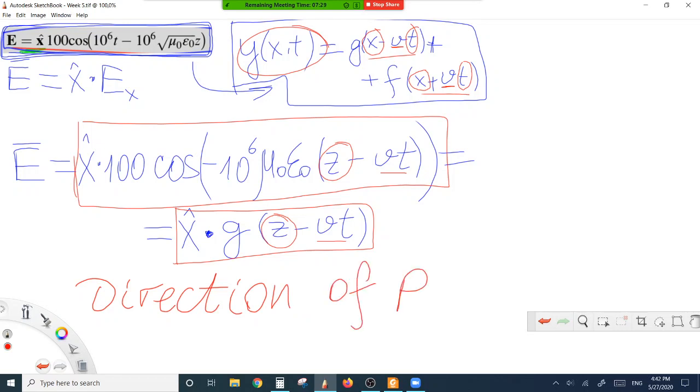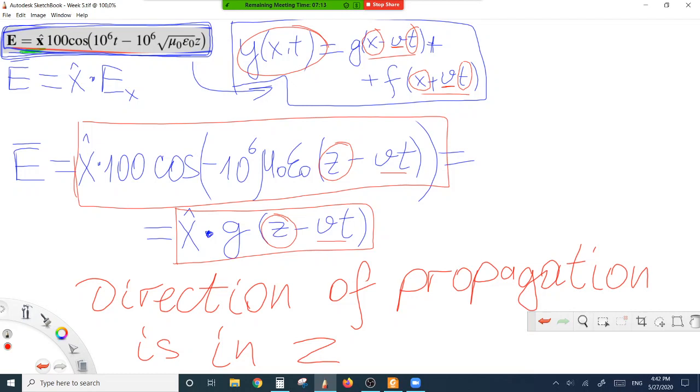Direction of propagation in this case is in the z direction.